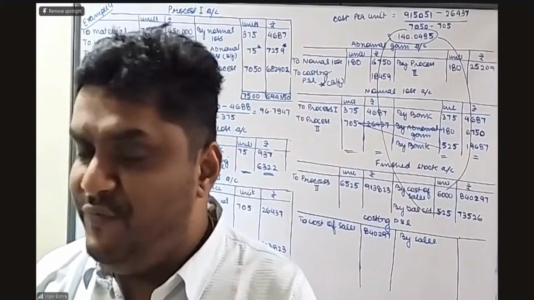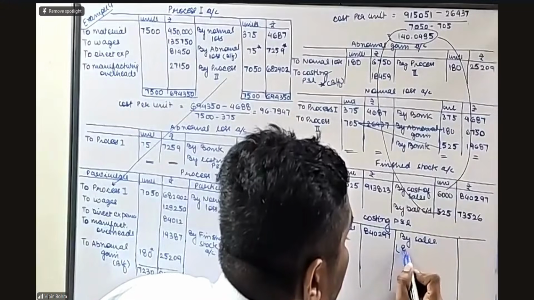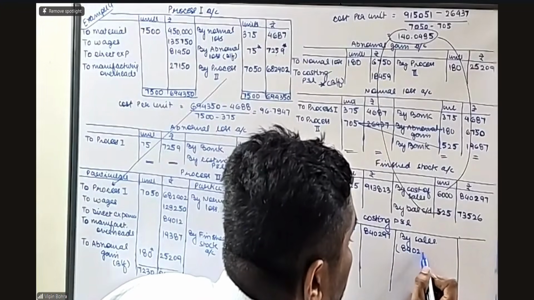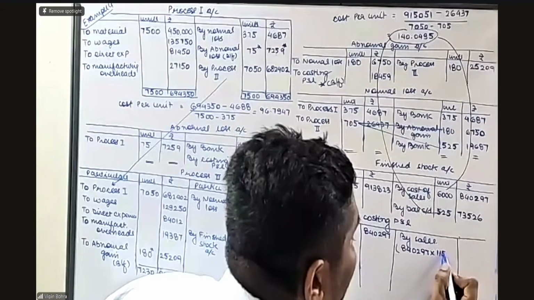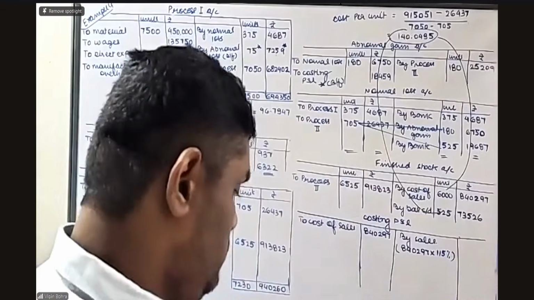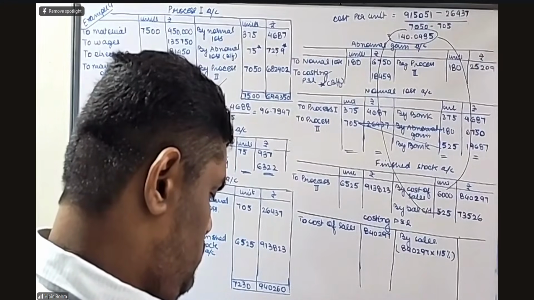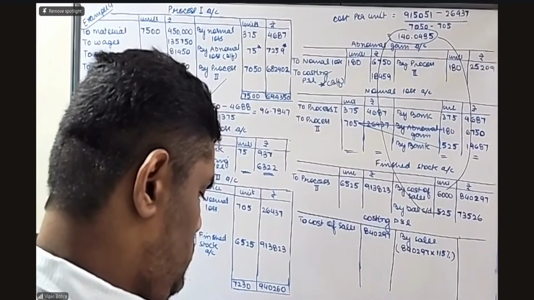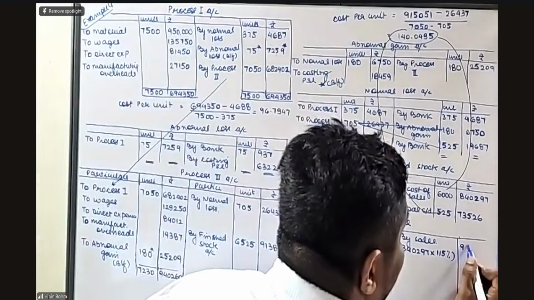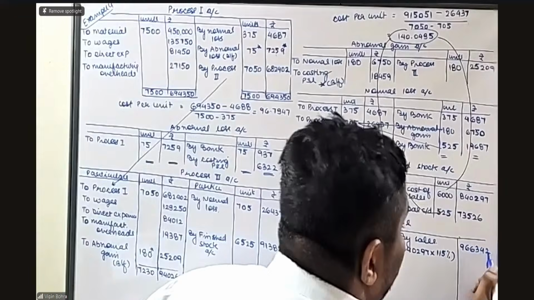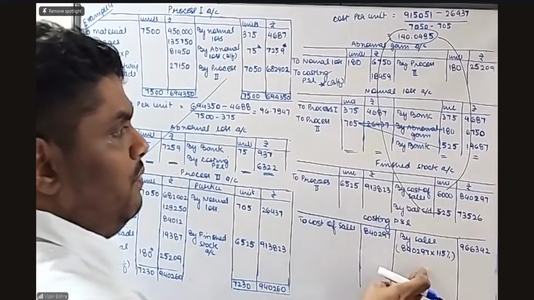The profit is 15% on cost. So 840297 into 115%. So this is 966,342. So this is sale, cost of sales from finished stock account, by sales.